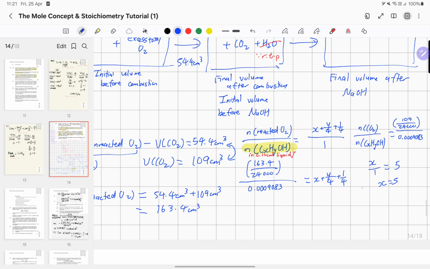Okay, so once you do that, you go back to this area and sub it in. Don't be intimidated by the large number of numbers you see over here.